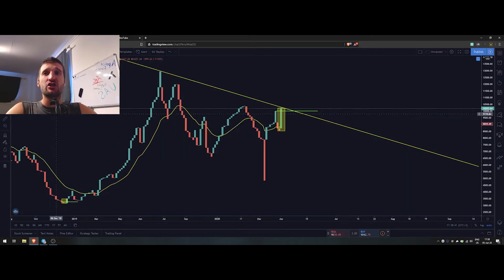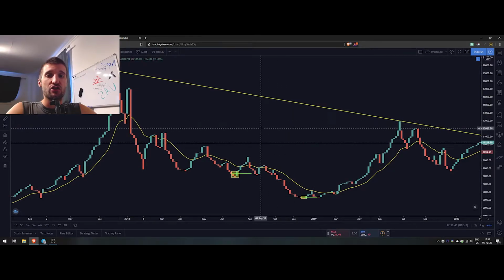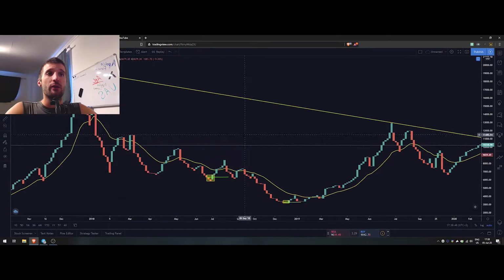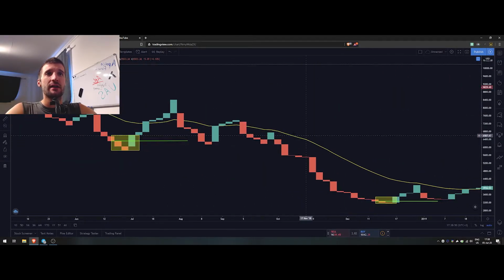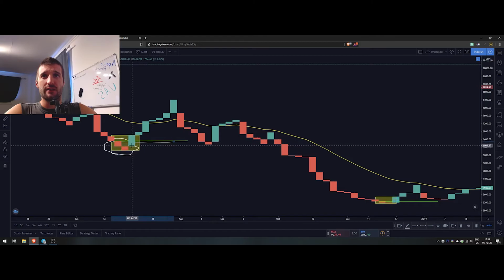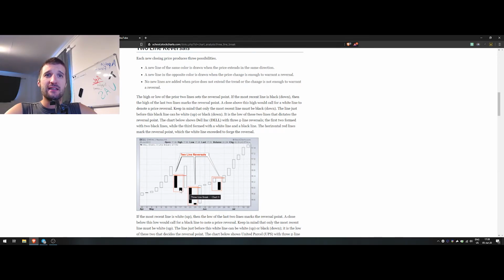As the rules for this chart are telling us, we need to break the previous 2 candles with one opposite candle, and as we can see over here in this scenario, we do have 2 red candles which we broke with this green one and actually got a new high over here. So in this scenario, that's this picture over here.